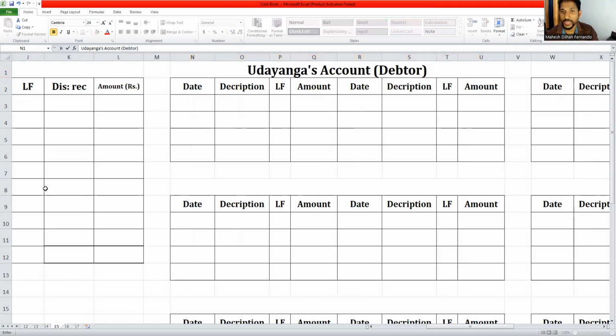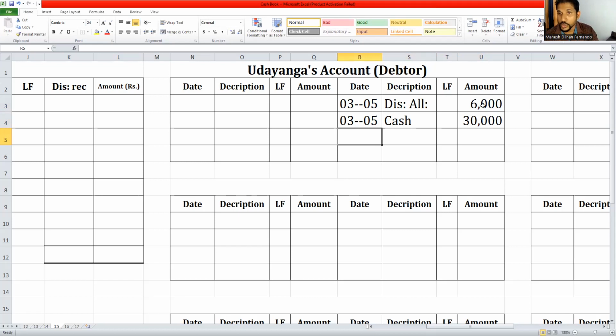We have collected from Udayanga. How? On 3rd of May, we have allowed a discount, discounts allowed, 6,000. On the same day, we have collected cash worth 30,000. This is how you record Udayanga's collection. Total collection is 36,000.